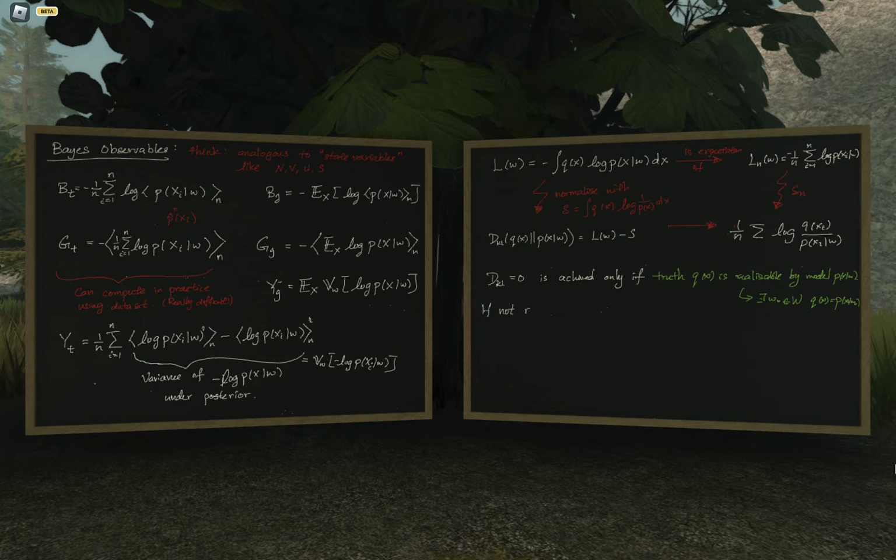If not realizable, we turn instead to talking about not the truth itself, but the optimum. So W0 will always be defined as the set of parameters such that the log loss achieves its minimum.